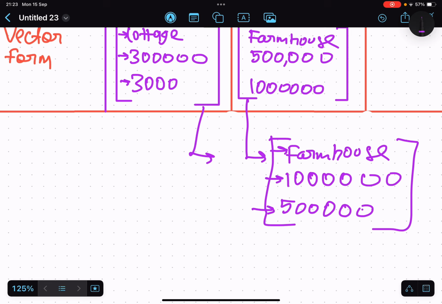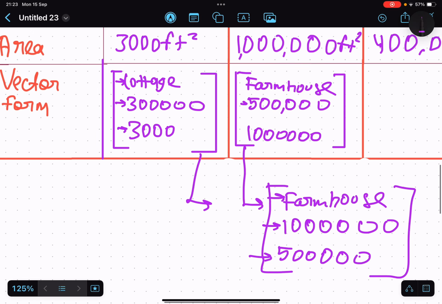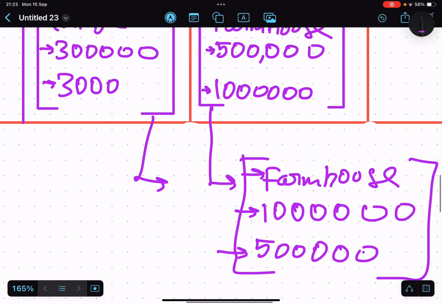It costs $500,000 and its area is a million square feet. So that's how it works. So that's why order matters in vector.